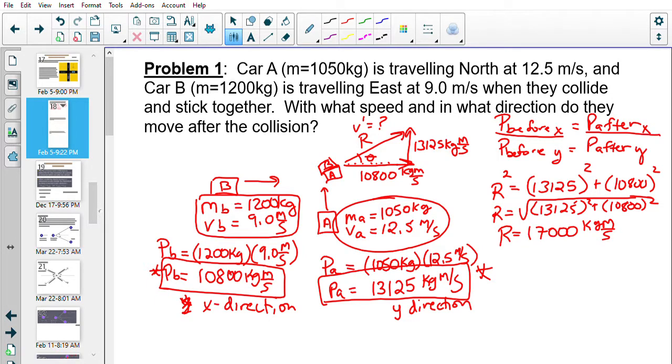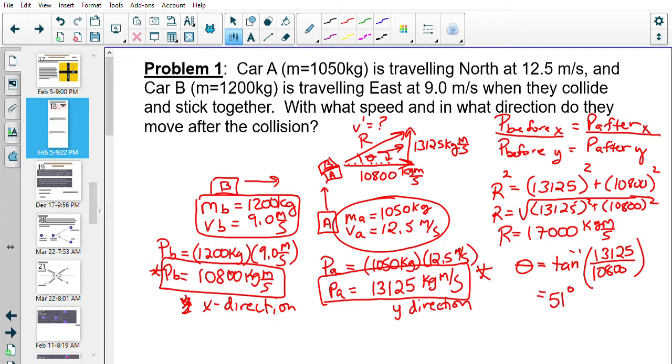And then we can get our angle by taking the inverse tangent of the opposite side over the adjacent side. So 13,125 divided by 10,800, and that gives me an angle of about 51 degrees.